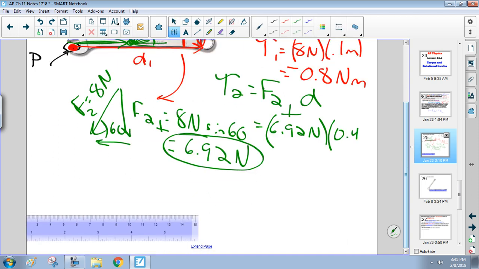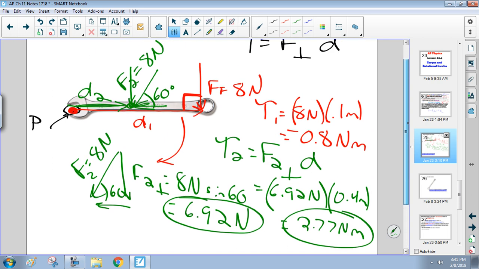Times 0.4 meters. So multiply that out and you get 2.77 newton meters. And again, that force is attempting to make the wrench rotate this way, which is clockwise, so it's going to be negative. Okay?